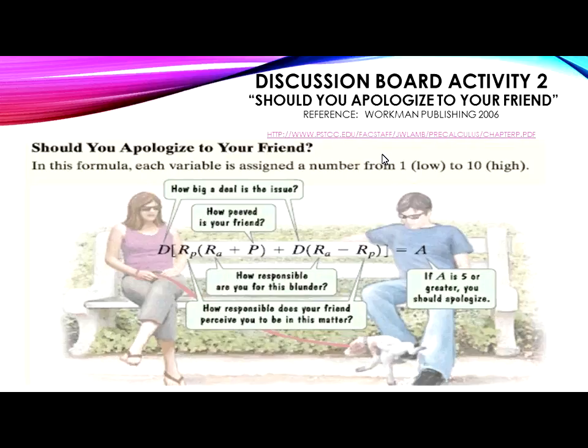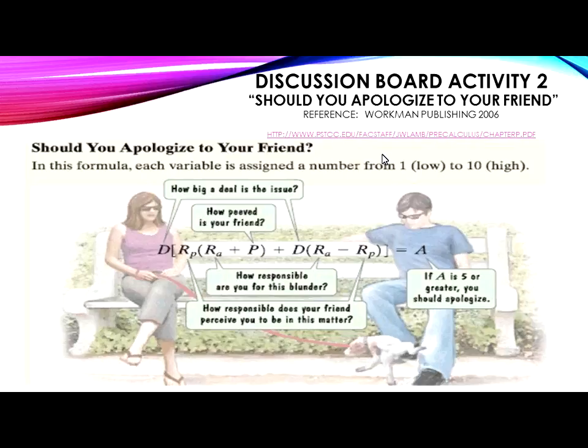Students are encouraged to come up with a story, something that reminds them of a real-life situation where they think about whether they should have apologized or did not apologize. So students create their own story. This brings a lot of curiosity to the discussion board, where students present the problem, assign numbers to the variables, identify what the variables are, and put them in the equation.